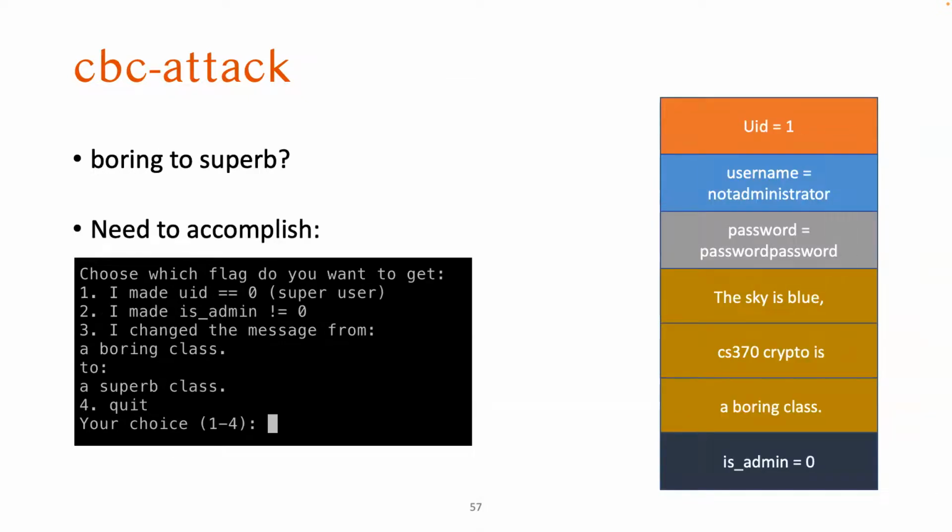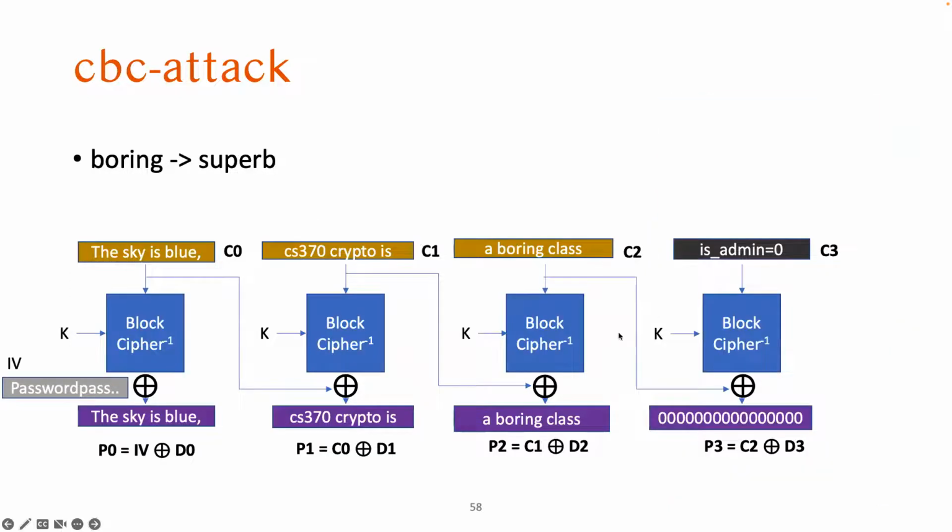So the third challenge is that you need to change the word boring into the word superb. Now some of you may get how you can do it. There is a plaintext block, boring class. You need to change this boring into superb, right?